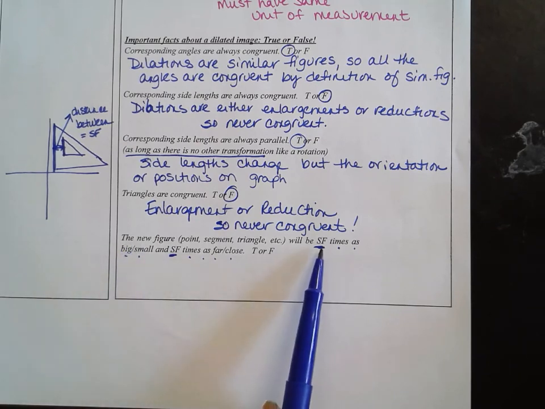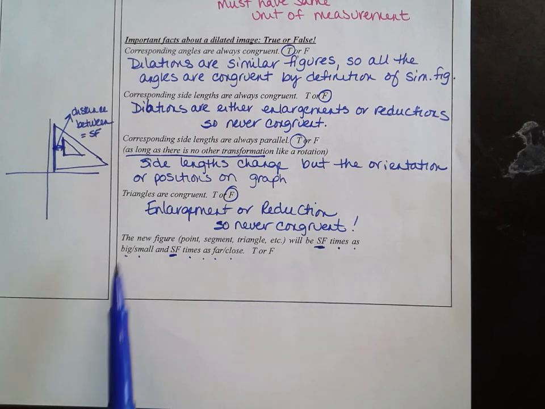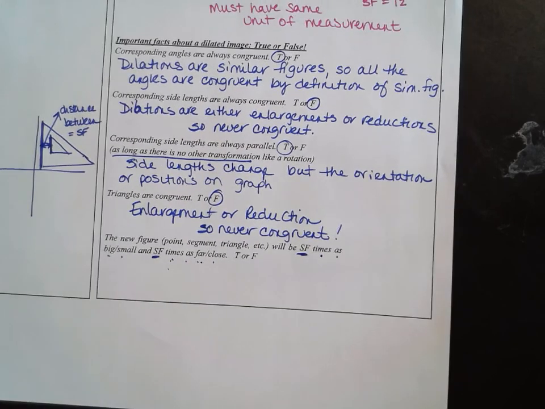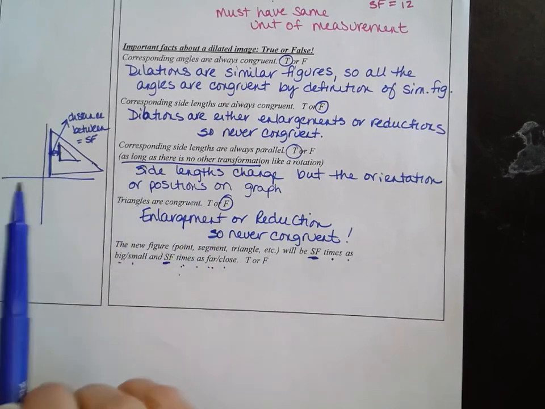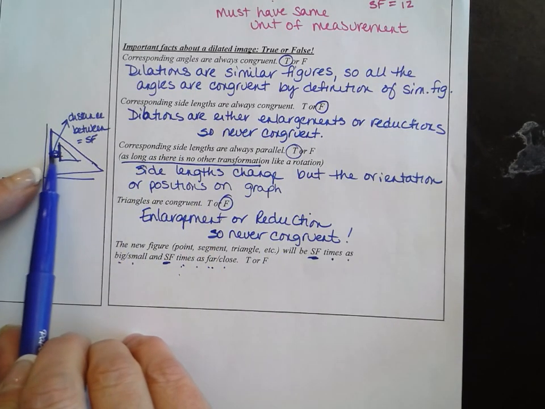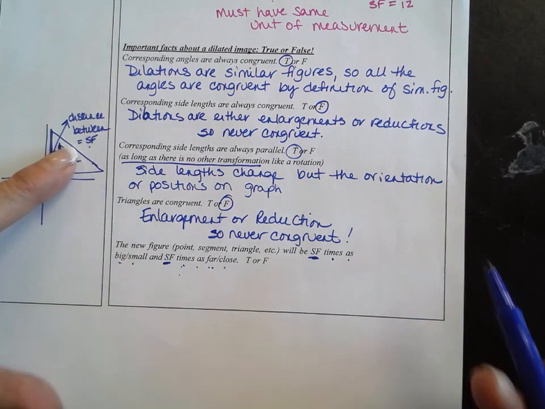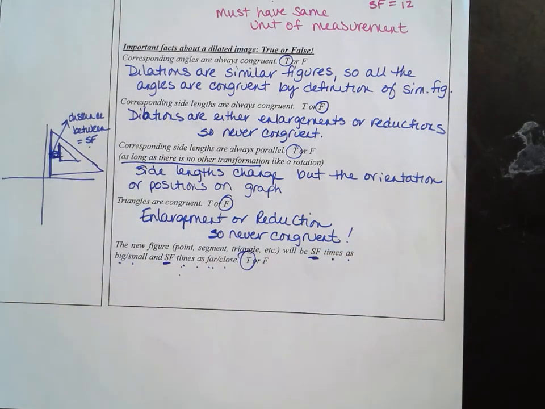Will the new figure be scale factor times as big or small? Yeah, that's the whole thing of a dilation, right? We agree with that one. What about scale factor times as far or close? That's how far it moves away when you're blowing it up. And that's your distance. And so that one's a true as well.